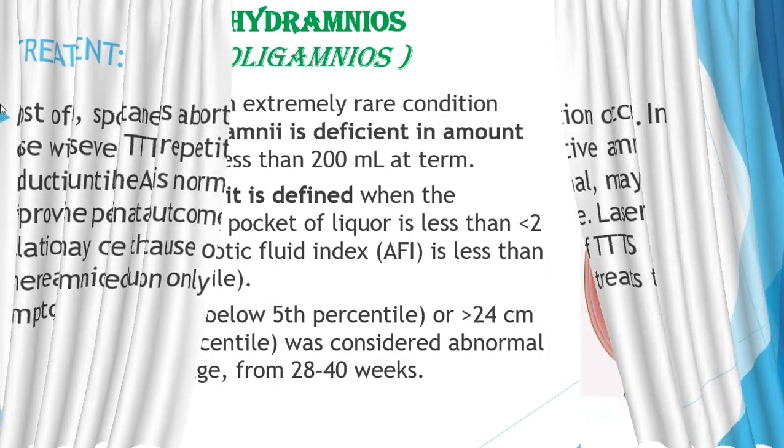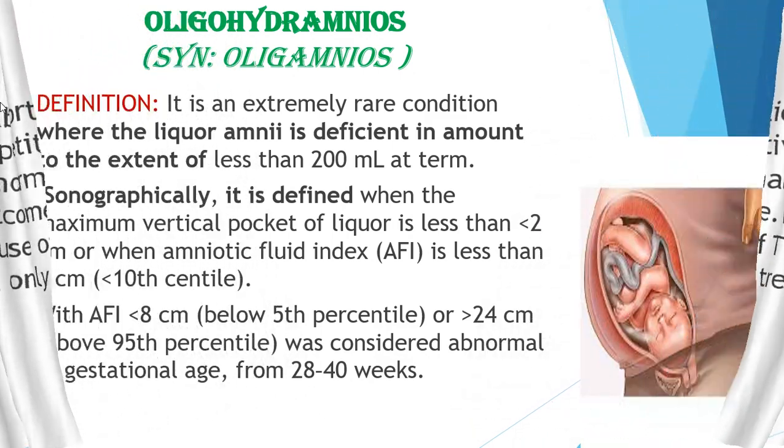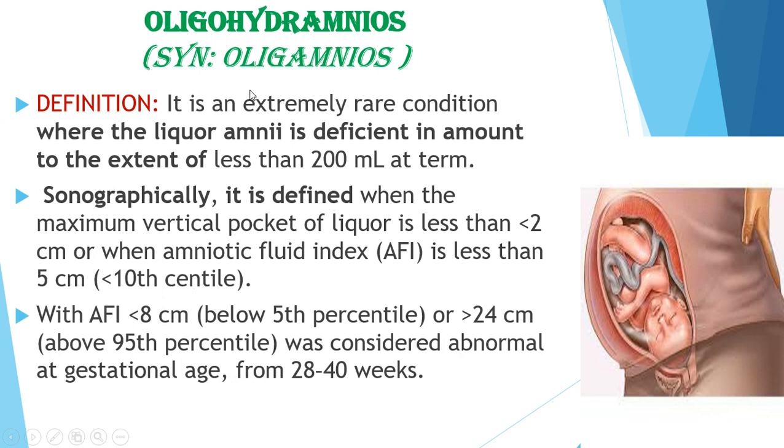Till now we discussed polyhydramnios. If the amount of fluid is less than the normal amount, it is known as oligohydramnios, or otherwise oligamnios. We can say just oligamnios or oligohydramnios.